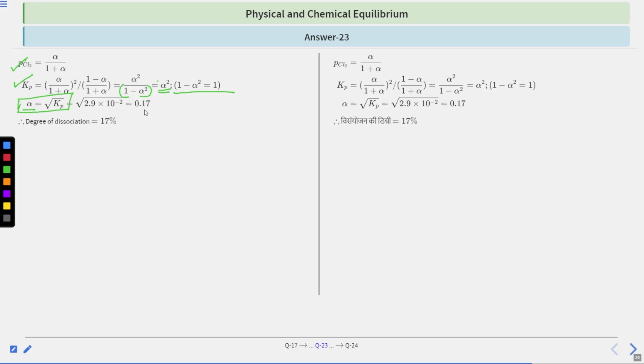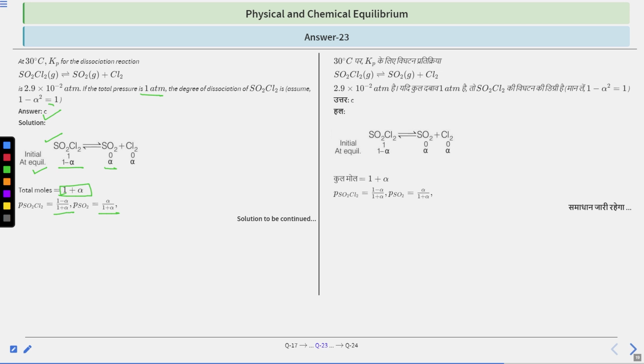On solving this, we have alpha equal to 0.17. Therefore, on multiplying by 100, we have 17%. So the degree of dissociation is 17%, and thus we have our correct option as option number C.